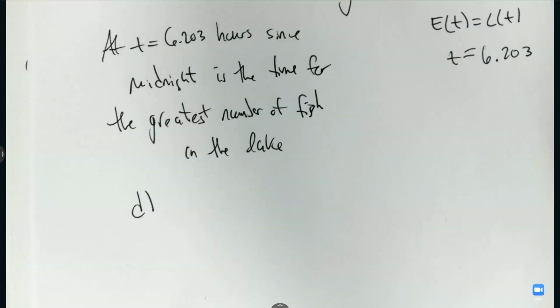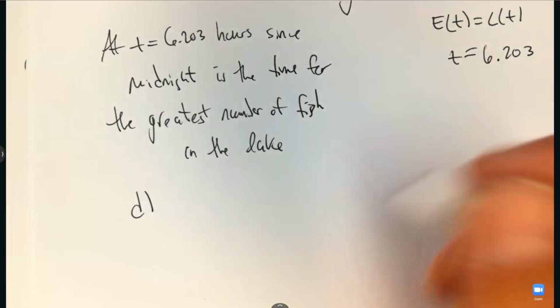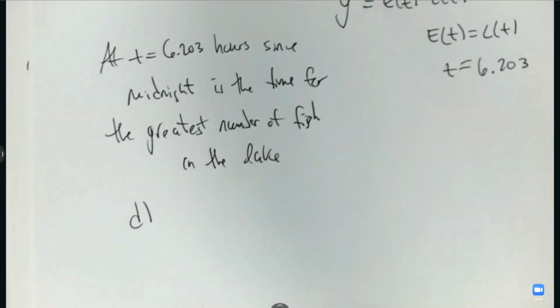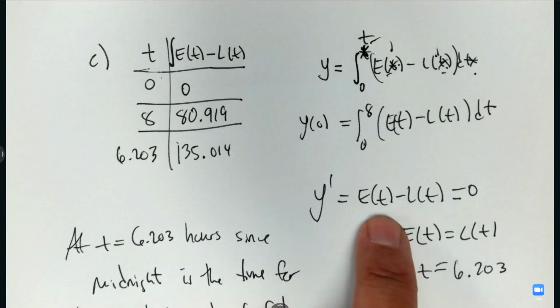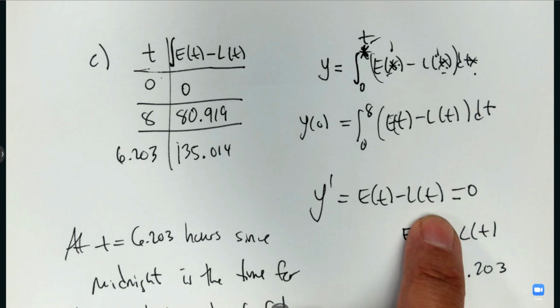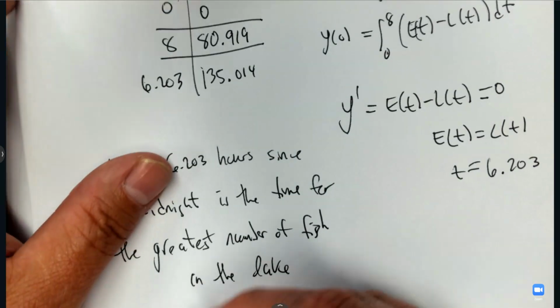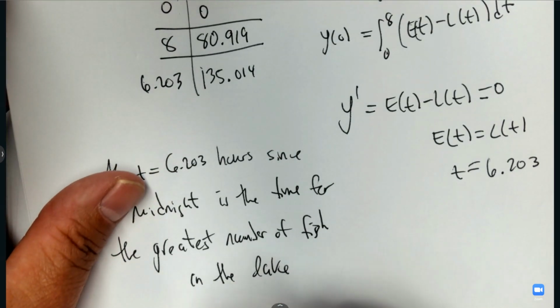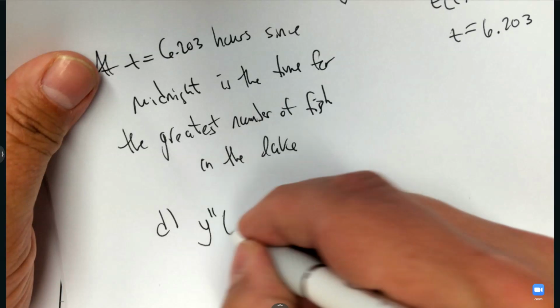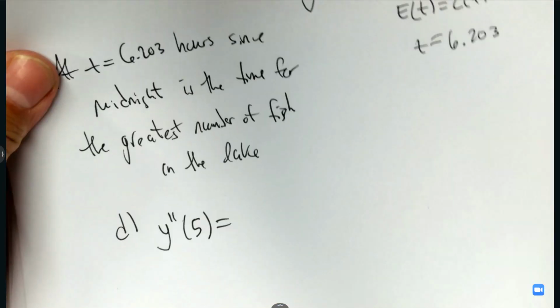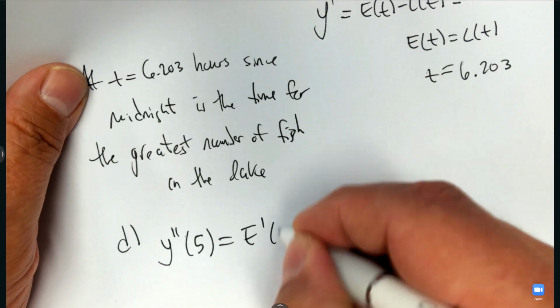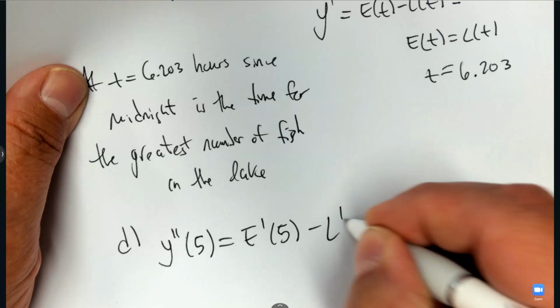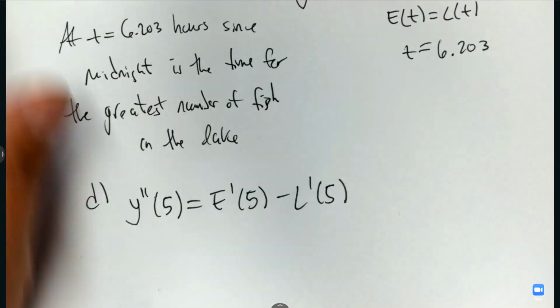So, to understand that, remember the derivative was right here. So the derivative of a derivative, the second derivative, at that number 5 would be the derivative at 5 minus the derivative of L at 5.